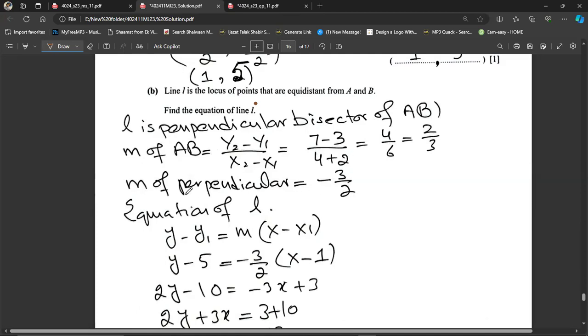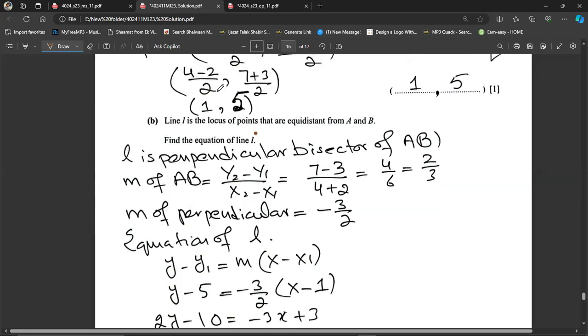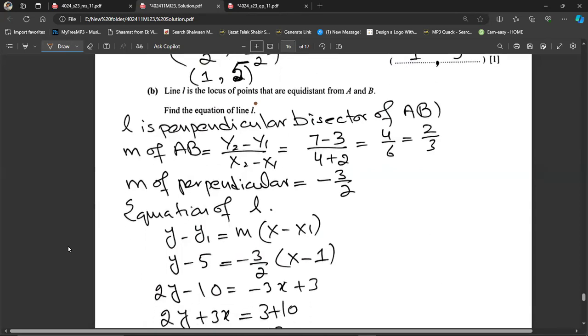Now the gradient of the perpendicular to AB will be the reciprocal of this gradient, and you change its sign. Minus 3 by 2. I hope you understand this. The equation of L is the perpendicular bisector, so it passes through the midpoint of AB and is perpendicular to AB. So the gradient will be this, and the point through which line L passes is 1, 5, the midpoint.